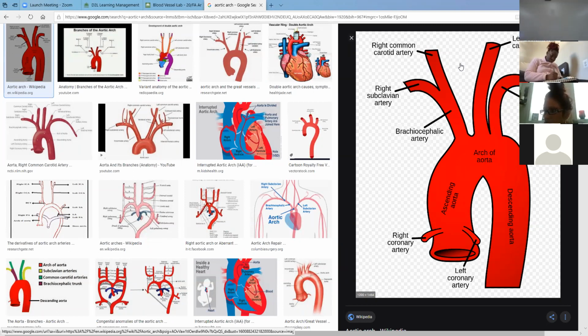There are two circulations mentioned in the lab that I do want to talk about, and that's the hepatic portal system and the fetal circulation.